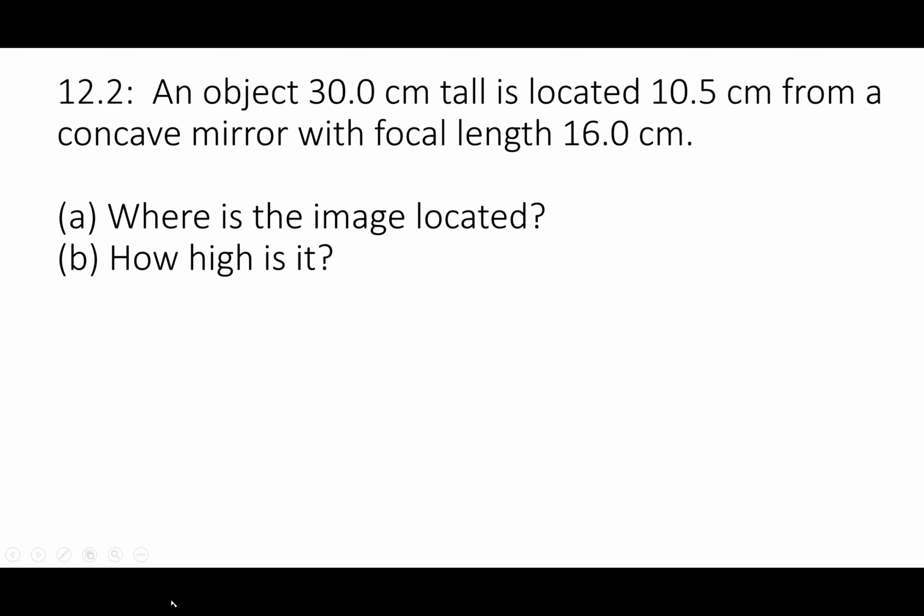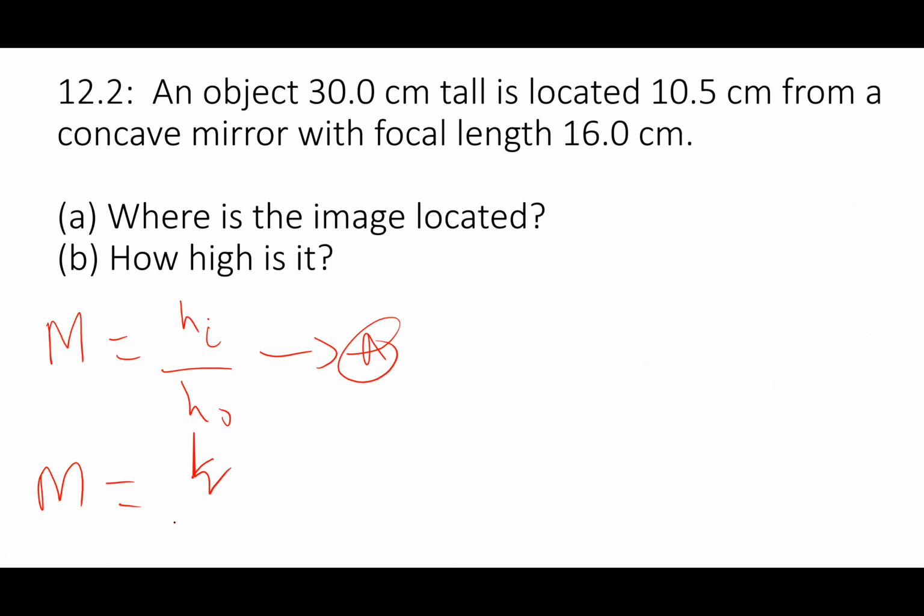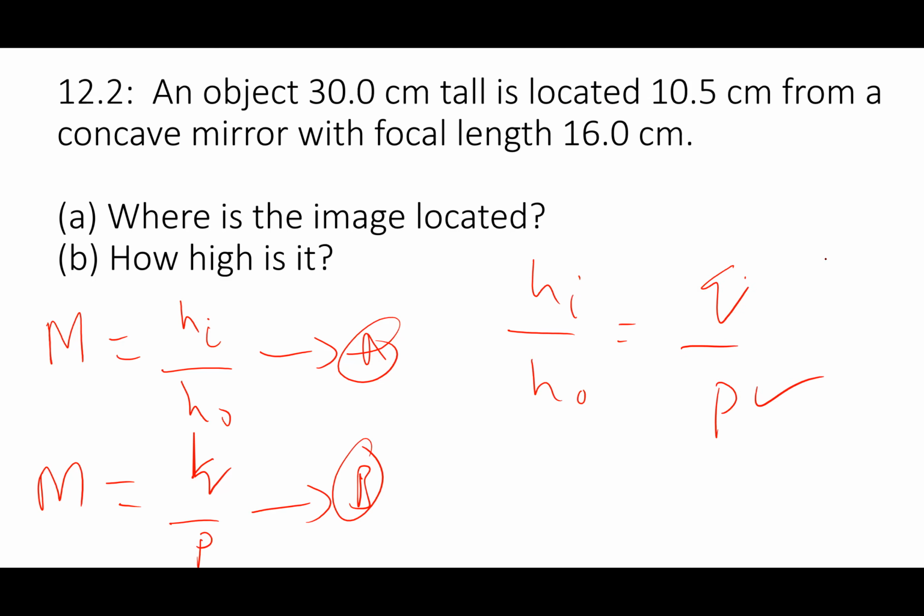Now, magnification in terms of height is given as the ratio of height of image to height of object, equation A. In terms of distances, it will also be equal to Q by P, equation B. Compare these two equations. HI divided by HO is equal to Q by P. P is given, Q is given, HO is given, so you will get the height of image. So do it.